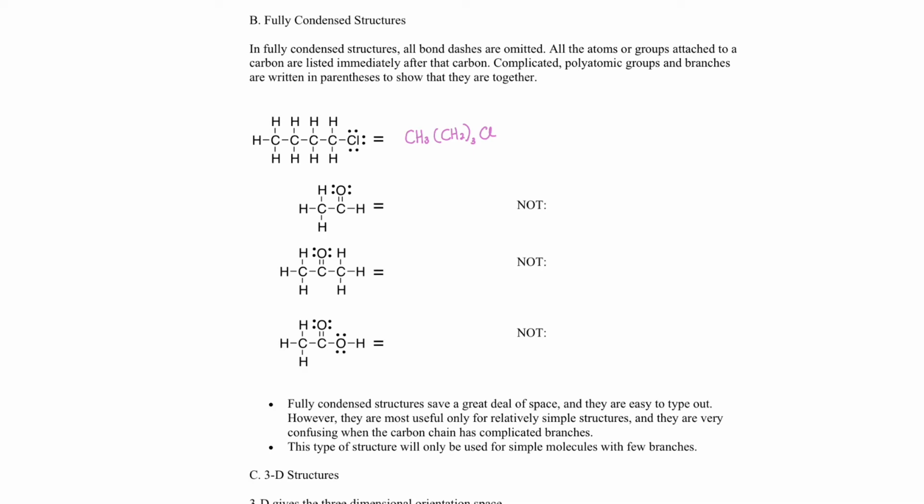Looking at the second example, it's a similar idea. We start off with a CH3. And with fully condensed structures, we have very specific ways of writing out functional groups. So this right here, the carbon double bonded to the oxygen, and then single bonded to a hydrogen, that is an aldehyde functional group.